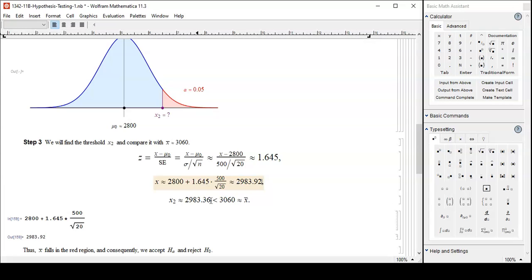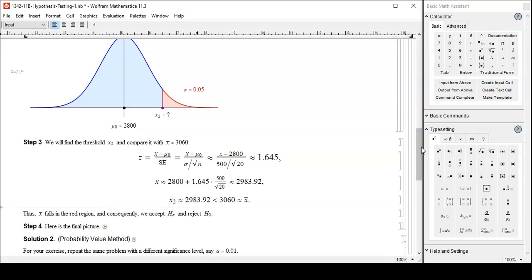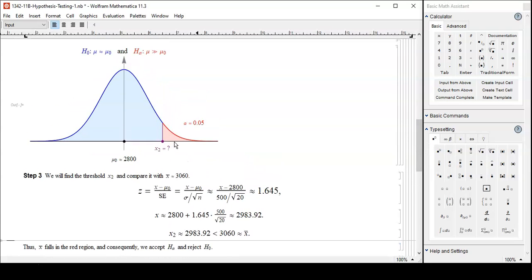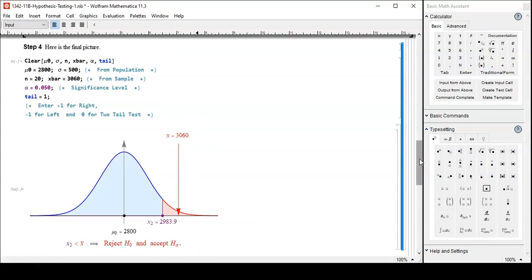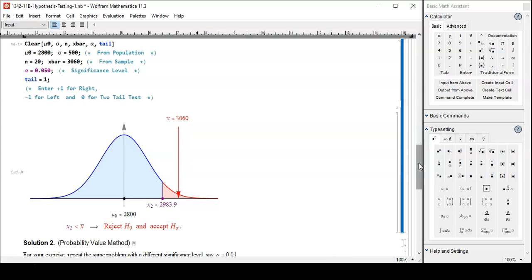In any case, 3060 is bigger than that threshold, so it'll fall into the red region, as you can see from the next picture. Make sense? So once you find out the threshold, the critical value, then you can place the X bar value in the right place. As you can see, it fell in the HA region, far away from the null. So reject the null and accept the alternative hypothesis.